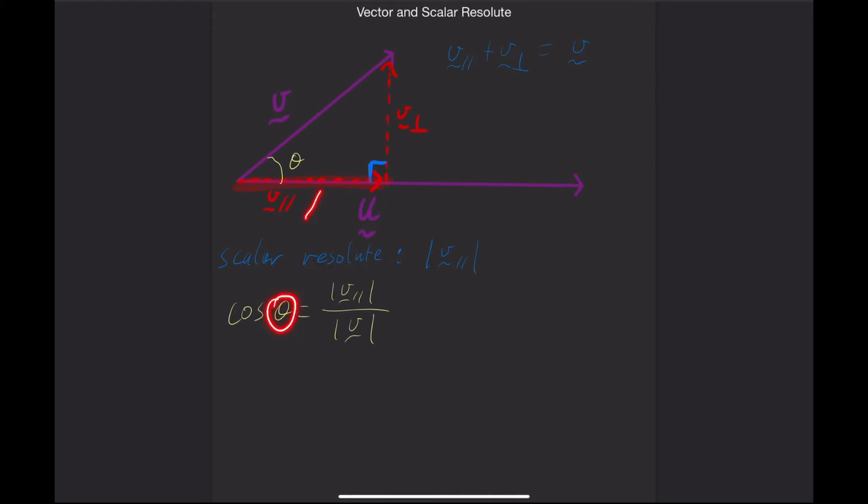Cosine of an angle is the adjacent divided by the hypotenuse. So this lets us say that the magnitude of v parallel is equal to the magnitude of v times the cosine of theta.